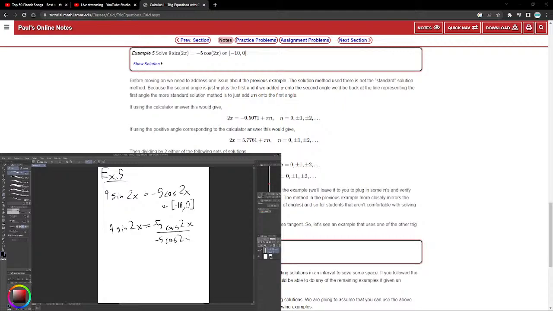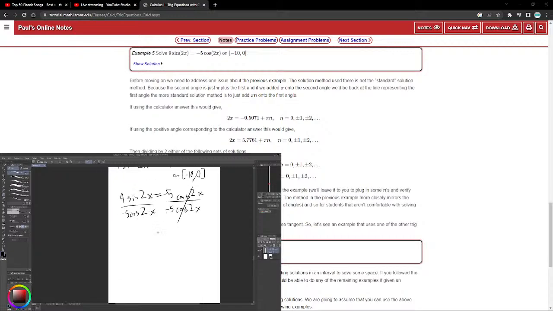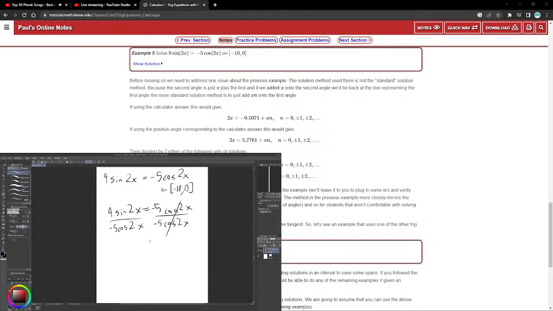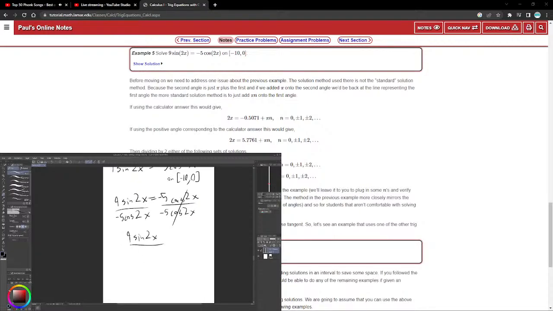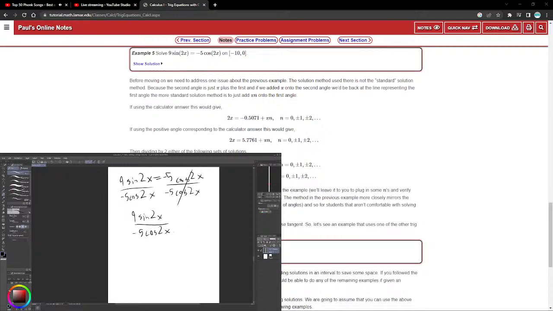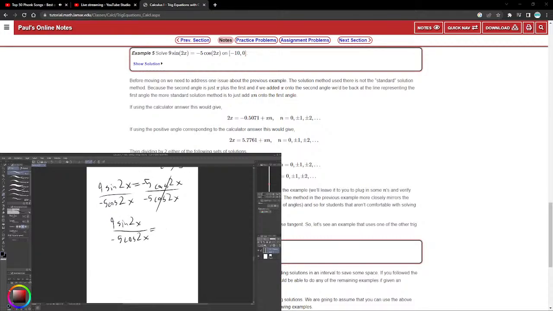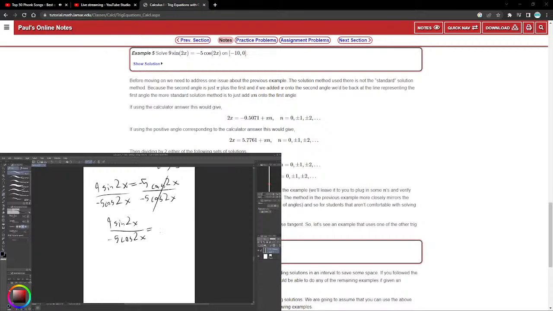I'll just divide the whole term over 2x. 9 sine 2x over -5 cos 2x equals zero.